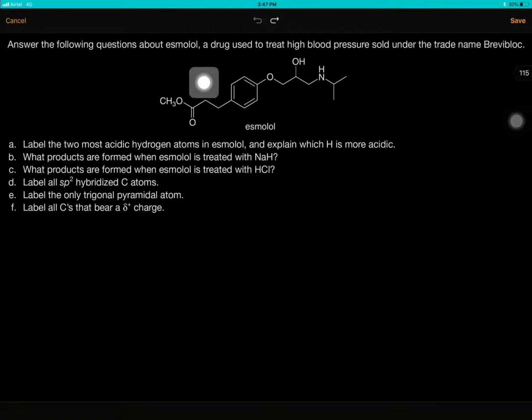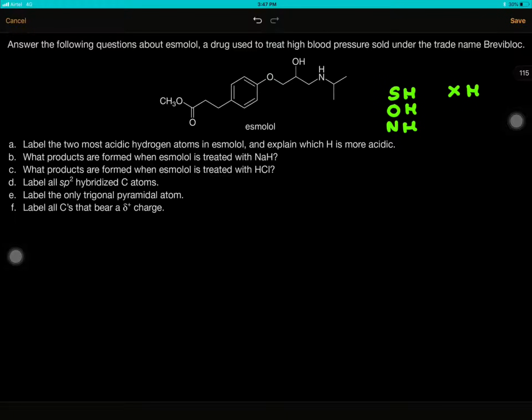So this is the molecule of esmolol. Now what we have to do, first we have to label the two most acidic hydrogen atoms in esmolol and explain why H is more acidic. So you can say acidic hydrogen is attached with electronegative atoms like sulfur, oxygen, nitrogen and halogens.